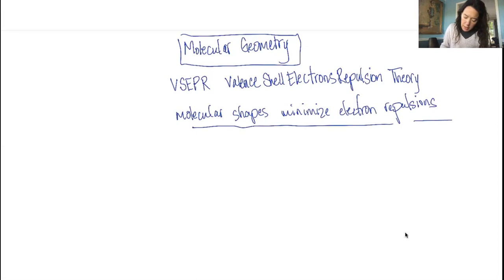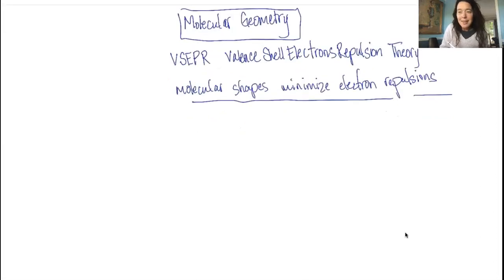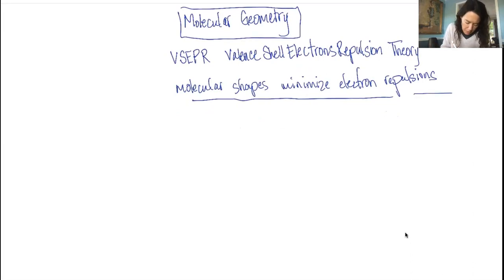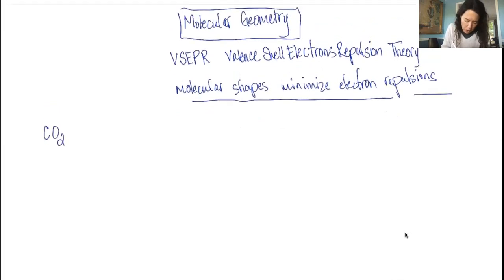Let's go ahead and get started by looking at an example. Let's do carbon dioxide. Let's take the same steps in drawing the Lewis structure. Carbon donates 4 electrons. We have 2 oxygens, each that donates 6 electrons. That gives us a total of 12 plus 4, which is 16 electrons available for bonding.